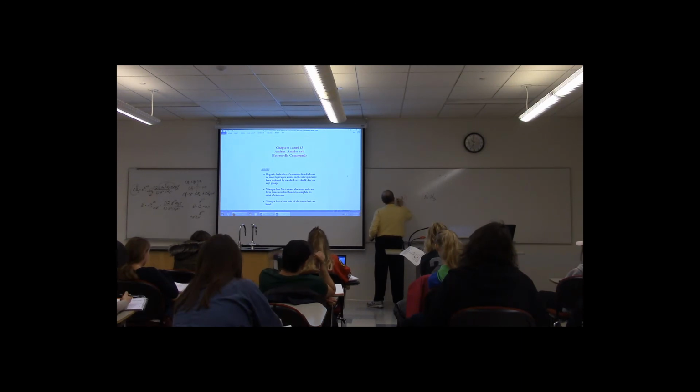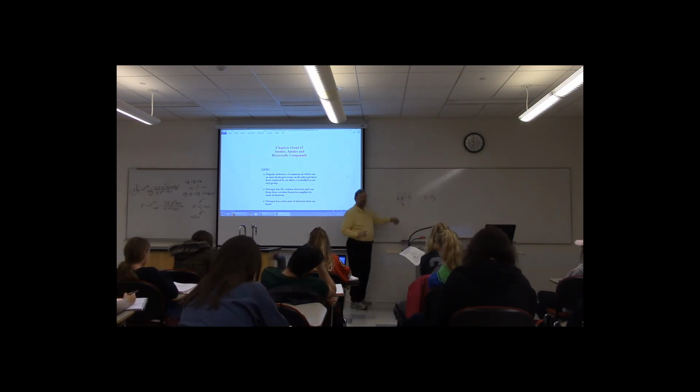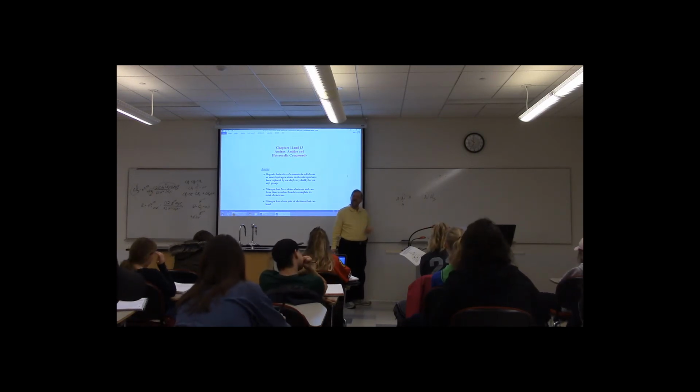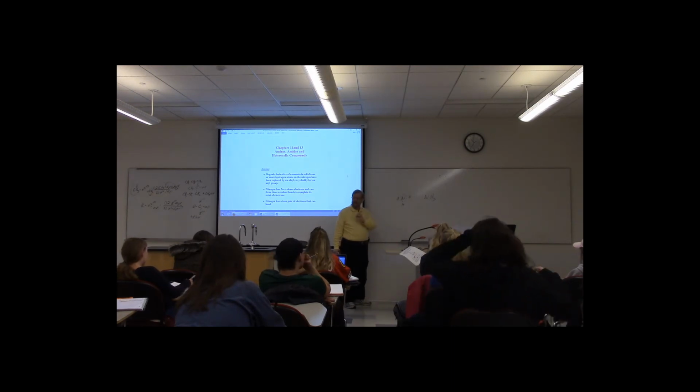Notice the valence electrons: 2, 4, 6, 8 non-bonding electrons. Well, it turns out nitrogen on special occasions can use those non-bonding electrons to bond with. And therefore, unlike carbon, nitrogen can have 3 bonds to it or 4 bonds to it, 3 or 4.